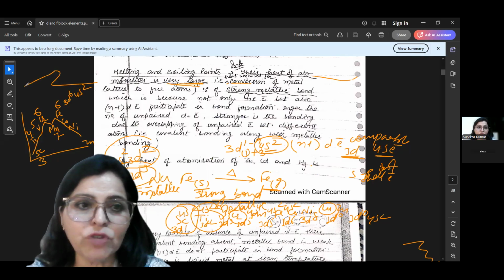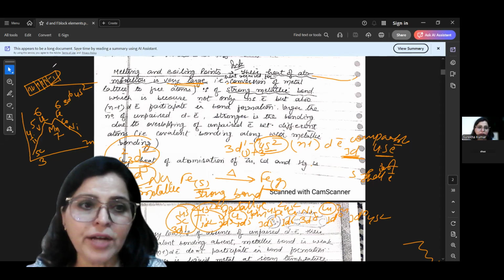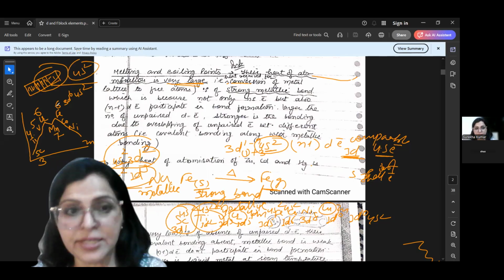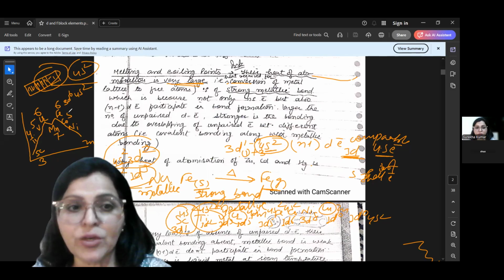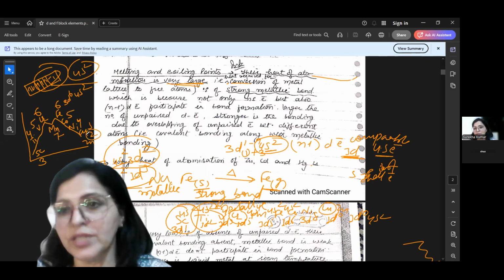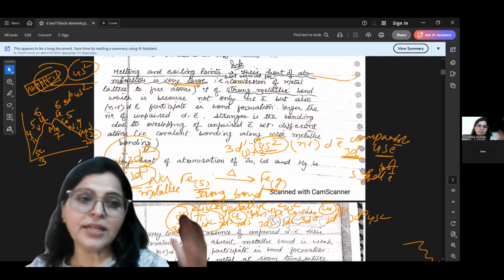The meaning of 3d6 is 1, 2, 3, 4: one orbital has paired electrons. So unpaired electrons are 4 in number, and 4s2 along with this makes 6 electrons. So in iron 6 electrons will participate, in cobalt 5, nickel 4, and next is copper 3, and zinc has 2 only.